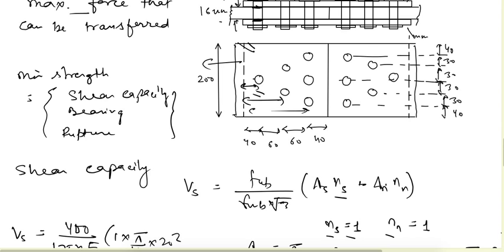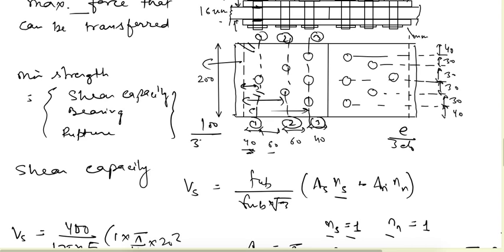So say this is section 1, this is section 2 and this is section 3. For the first one, it is governed by this end distance, but for the second, what would be this end distance? This end distance would be 40 plus 60 for this section. So 40 plus 60 is 100, so we take e upon 3d0, that is 100 divided by 3 into 22. This term would go greater than 1, so we will neglect it.